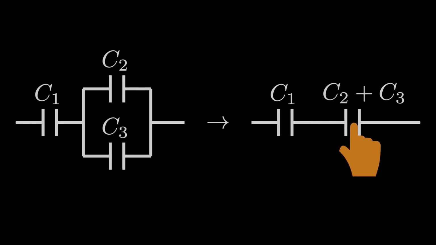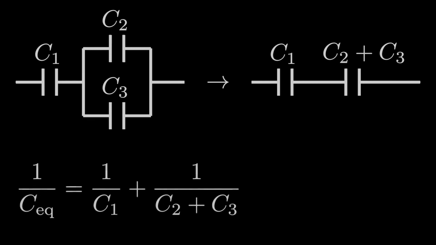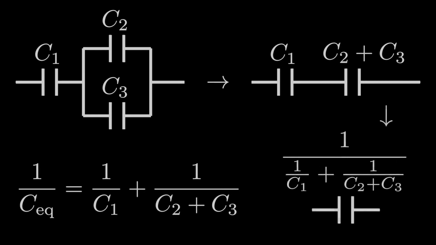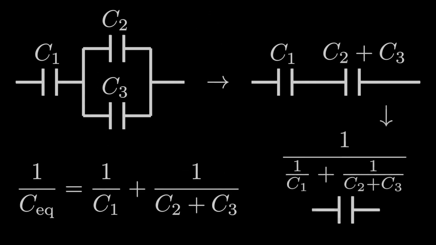With series components, we add their inverses and then take the inverse of that, so our final equivalent capacitance is given by this equation. In that case, this last lone capacitor is our equivalent capacitor. We can take this original system of capacitors and completely replace it with this capacitor that has this capacitance, and nobody would be able to tell the difference.